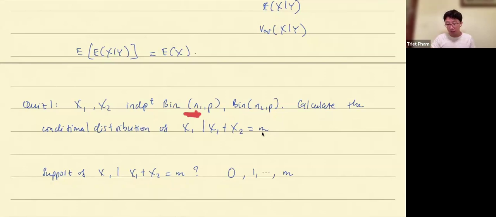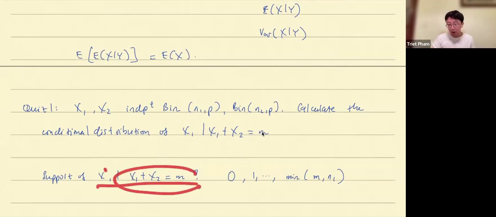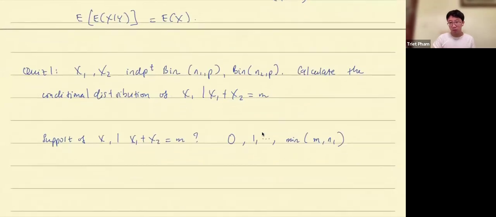But if m is bigger than n1, then the value is at most n1. So the minimum of m and n1. Do we understand? That's what values x1 can take, conditioned on x1 plus x2 equals m.